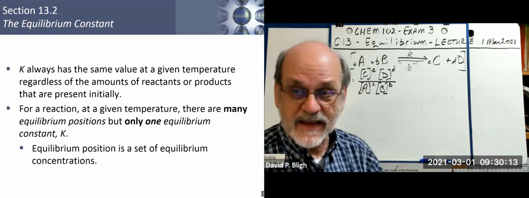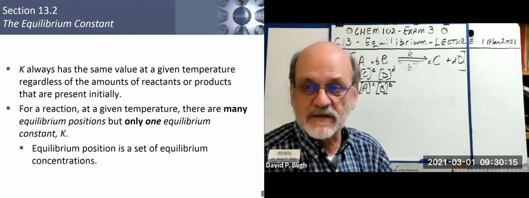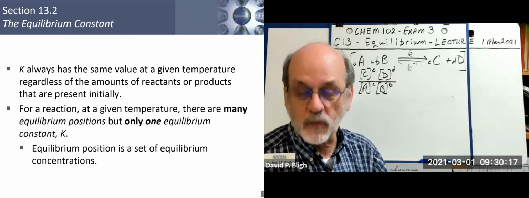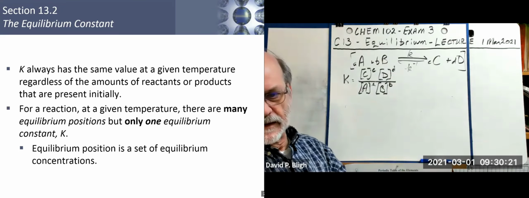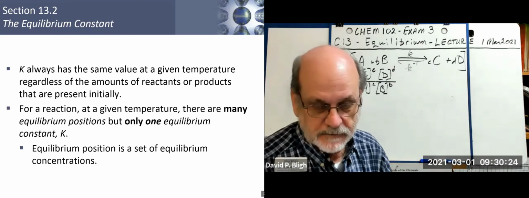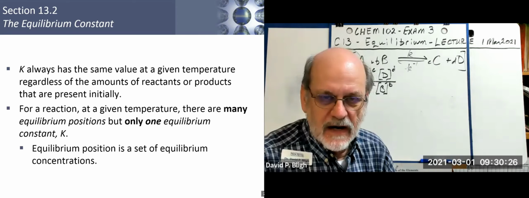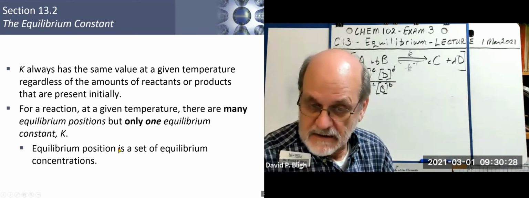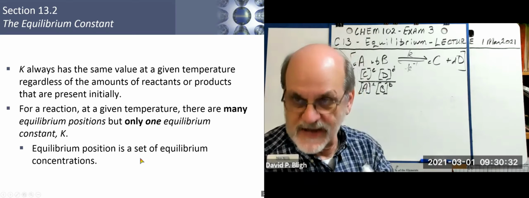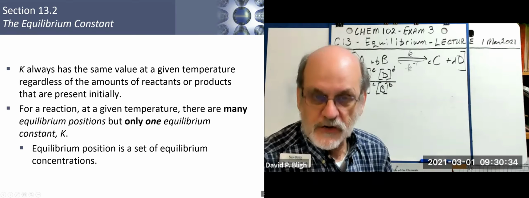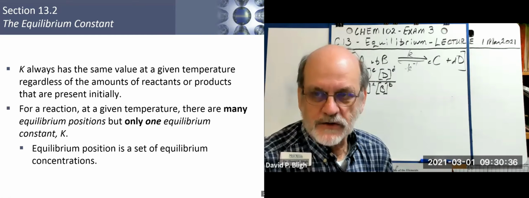So while the K is constant, the position varies depending on where you start. So that's an important distinction. And it's basically a set of equilibrium concentrations. And we'll have some examples coming up soon that will illustrate that point.